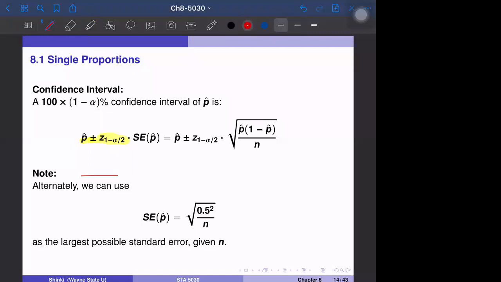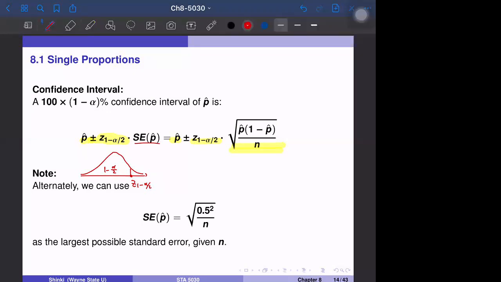This is the quantile point, and the area below that point is 1 minus alpha over 2. So this value times the standard error of p hat, which is calculated as this one. So p hat plus or minus the quantile point times this standard error. That makes the confidence interval.